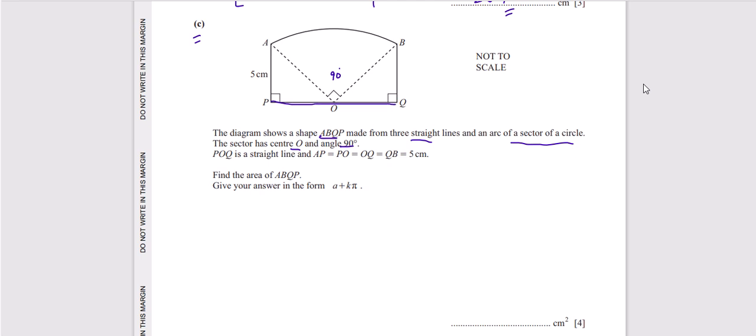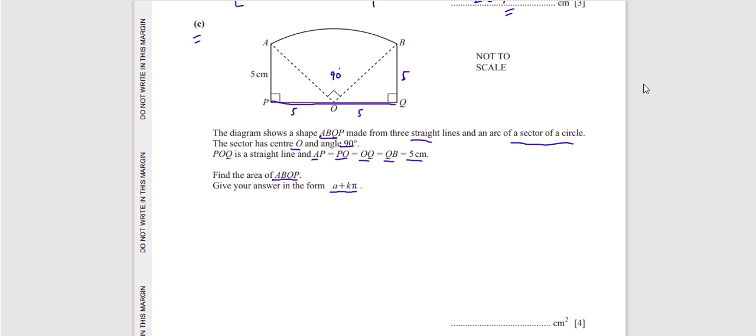POQ is a straight line and AP, PO, OQ and BQ are equal to 5 centimeters. This one is also 5 centimeters and BQ is equal to 5 centimeters. Find the area of ABQP. Give your answer in the form A plus K pi.